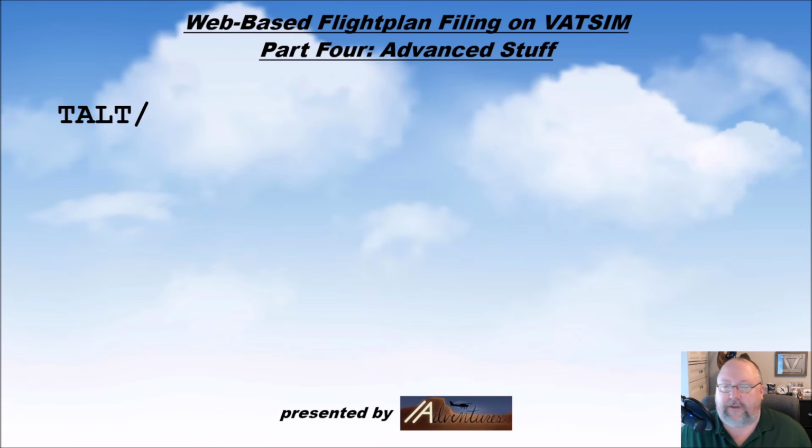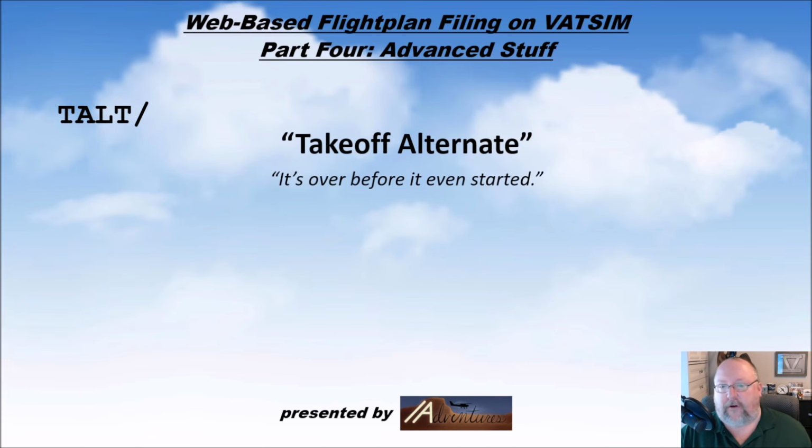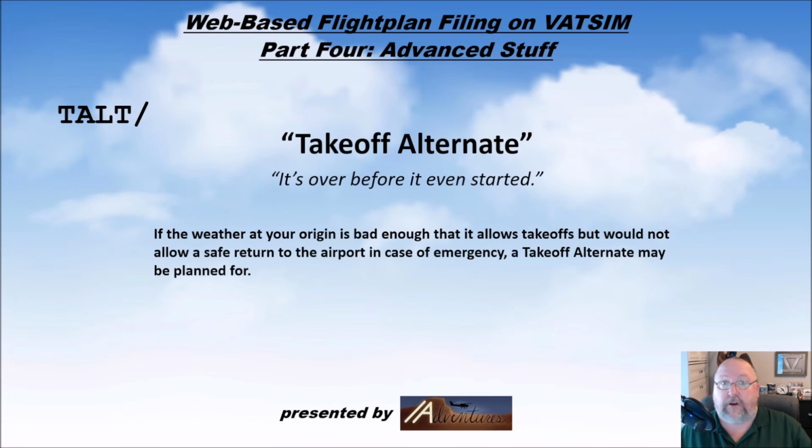TALT, this is another one that's really interesting in terms of emergency planning that we don't tend to think about much on VATSIM, but it's takeoff alternate. And if you had a situation where you're taking off from an airport where the weather is really, really bad, you want to plan ahead for what happens if I pass V1 and I have to go airborne, but I've got some sort of safety critical issue that I need an immediate return to the airport.